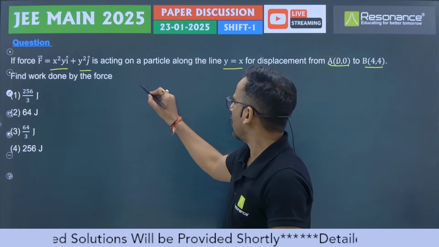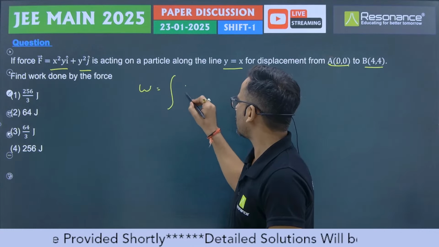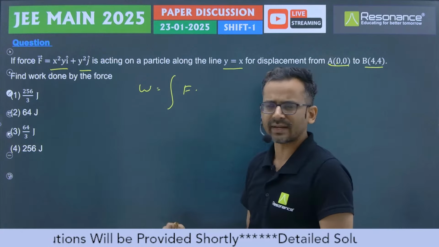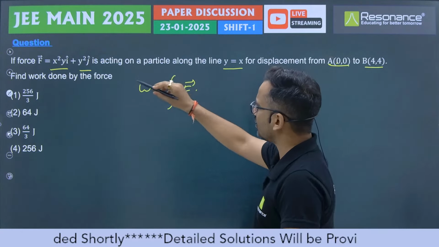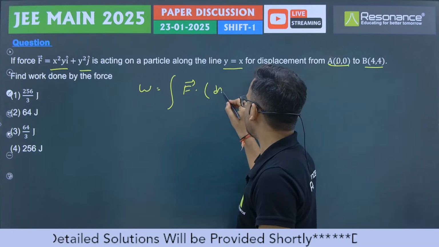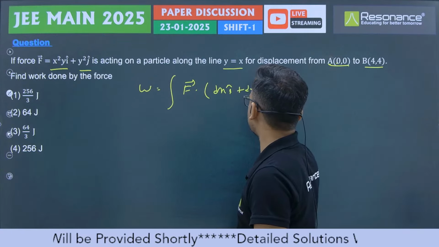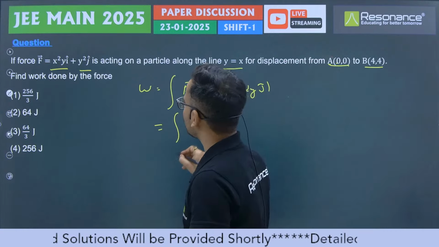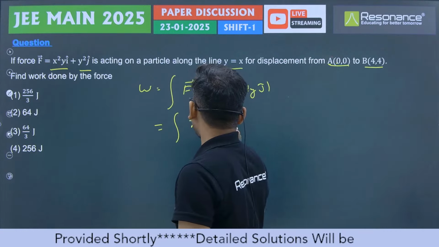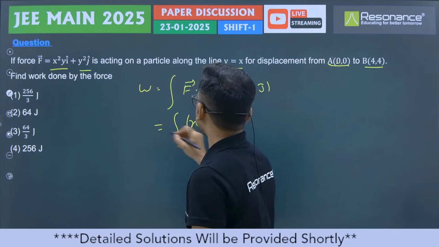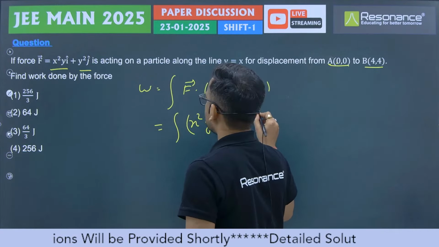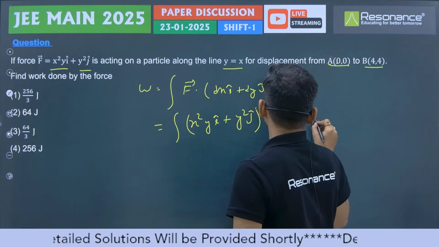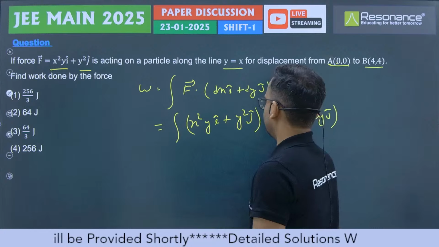Now work done equals, we know, integration of F dot dx if only the x direction is there, but if this is in x and y direction, then we write dx i cap plus dy j cap. So from here F is x square y i cap plus y square j cap dot dx i cap plus dy j cap.